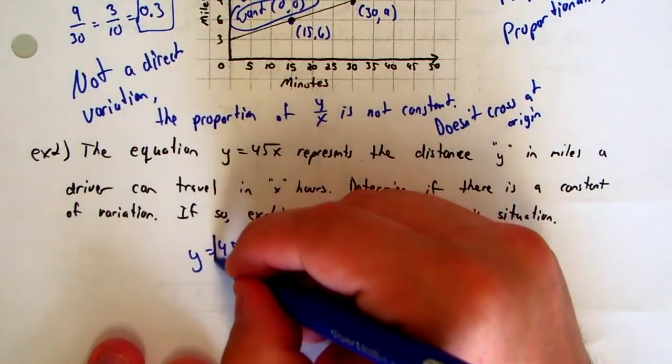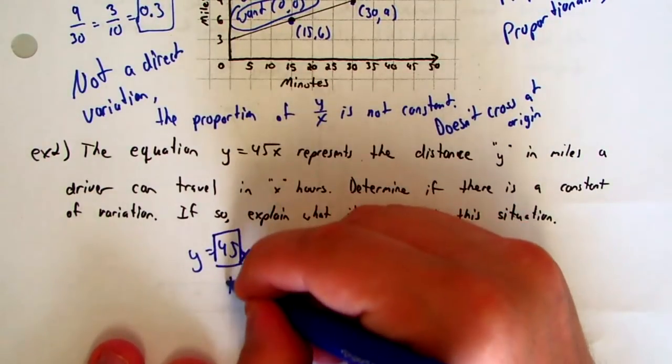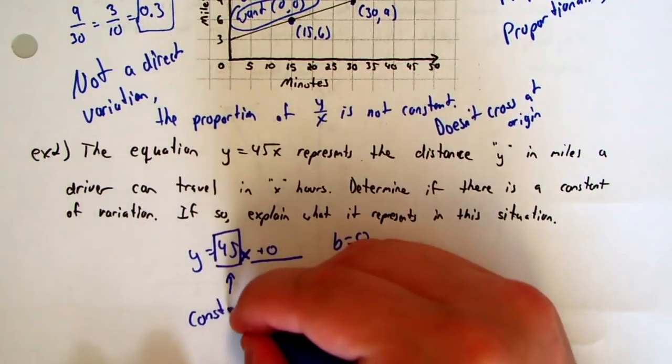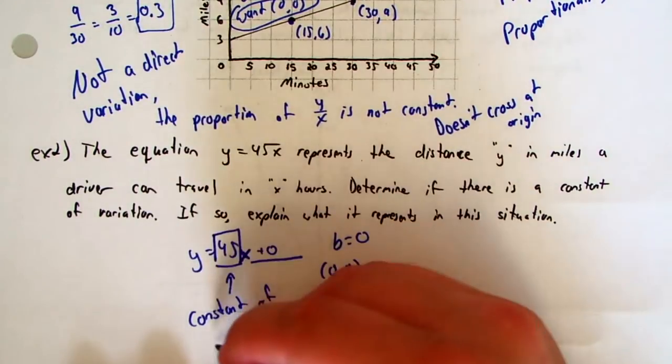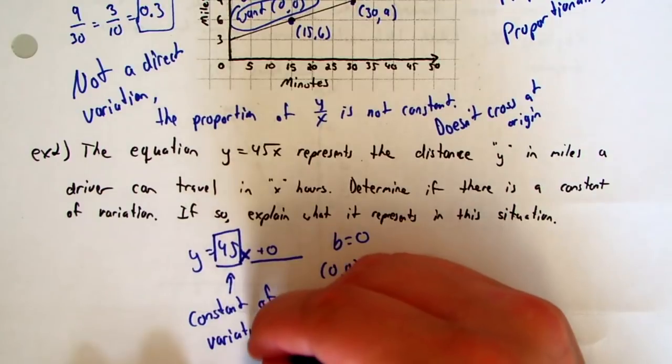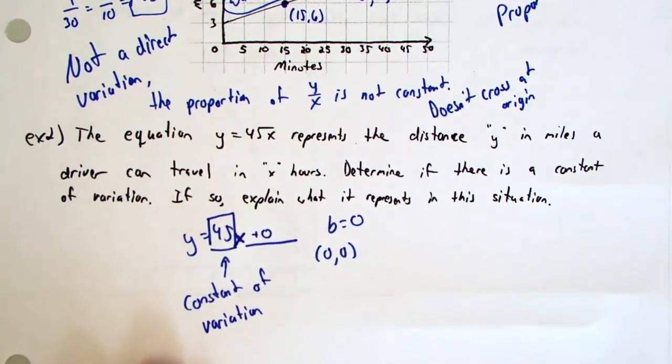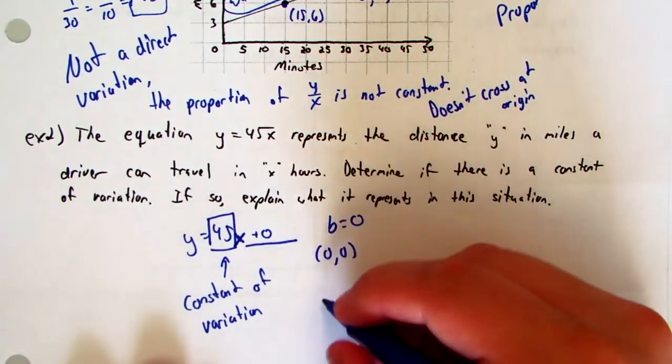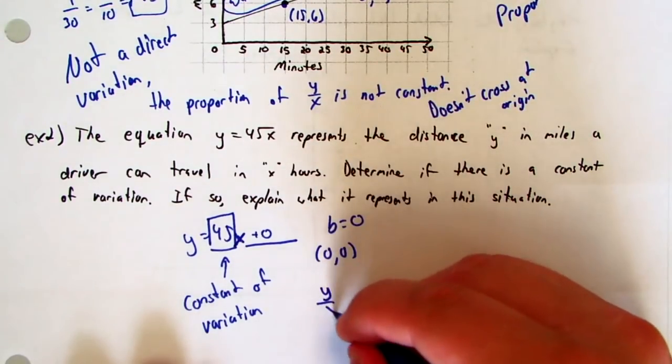This number right here, this is our constant of variation. And what this number means, remember, our constant of variation is y over x.